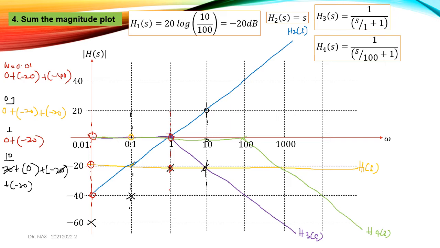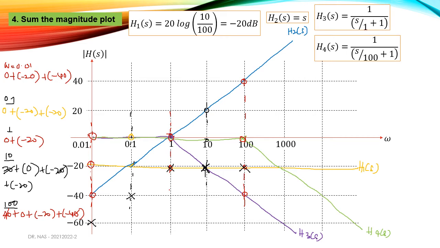Okay, at 100, you have 40, plus 0, plus negative 20, plus the purple one is negative 40. So it is negative 20.